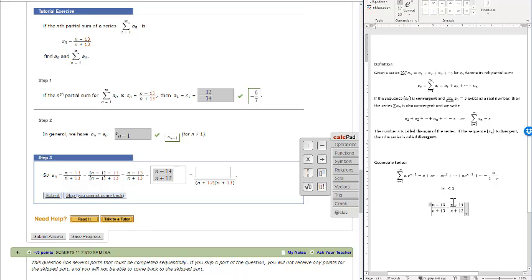So let's see, parentheses, and then n plus 12, and then divided by n plus 12. And then this one, we want to multiply top and bottom by n plus 13. All right, let's try to get that.